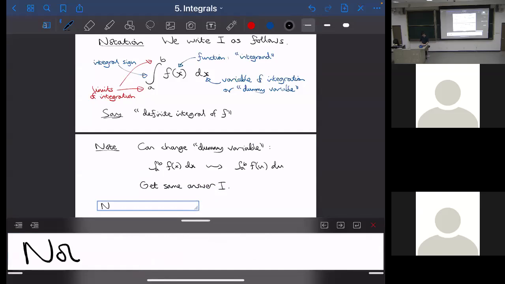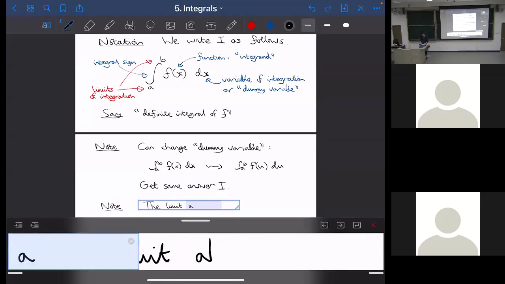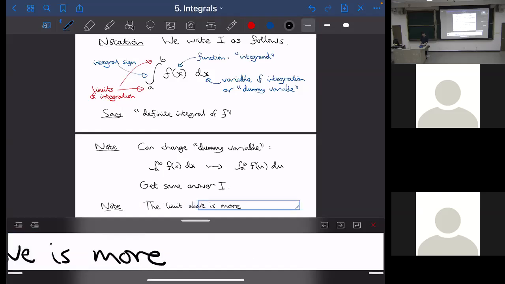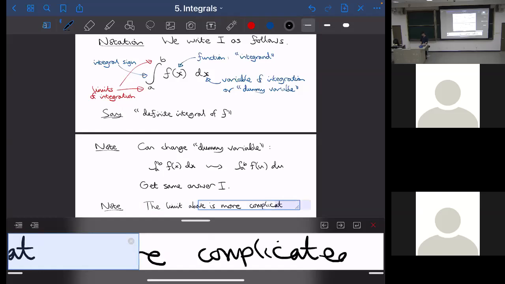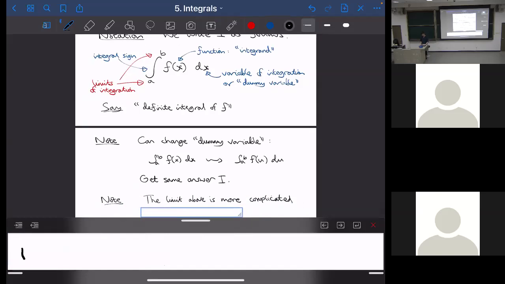So another note, the limit above is more complicated than those from earlier in the course.